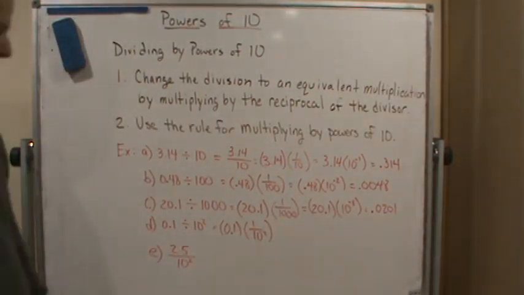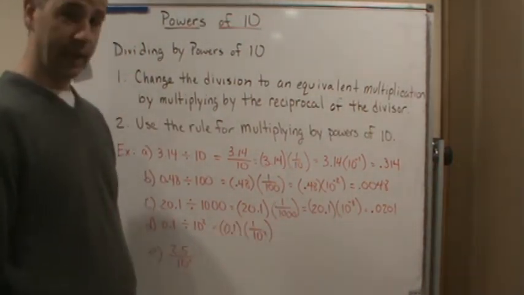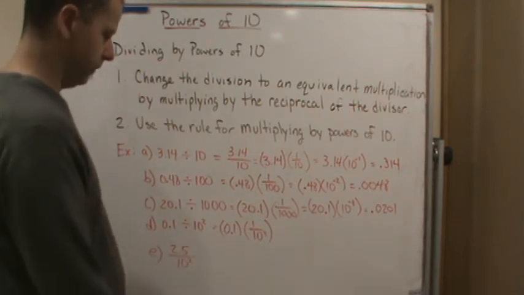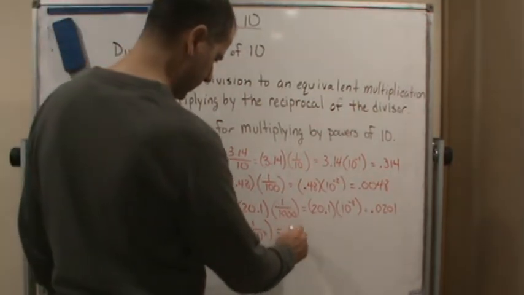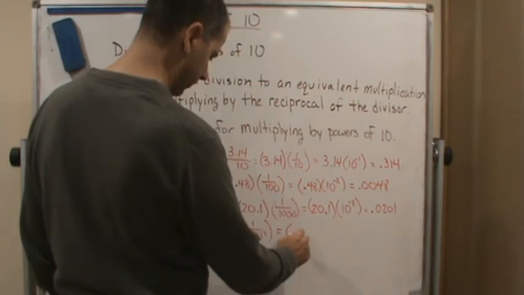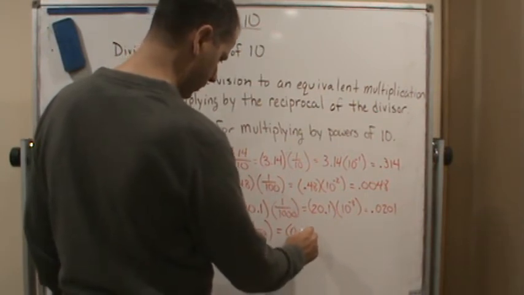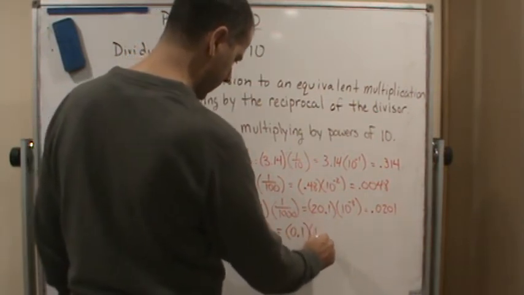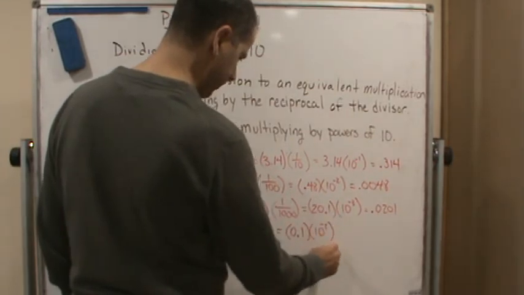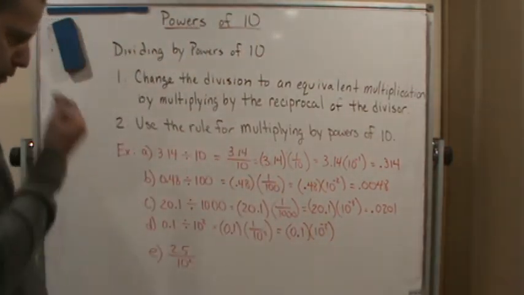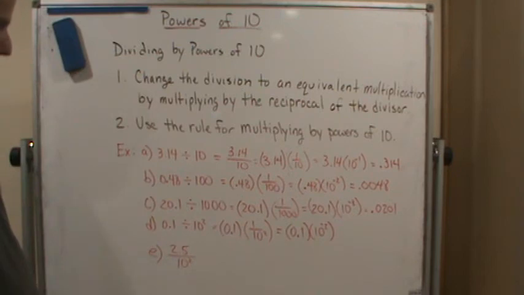Which means we're going to multiply by 1 over 10 squared, which again is 10 to the negative second. So we get 0.1 times 10 to the negative second. And so we're moving to the left 2 place values.